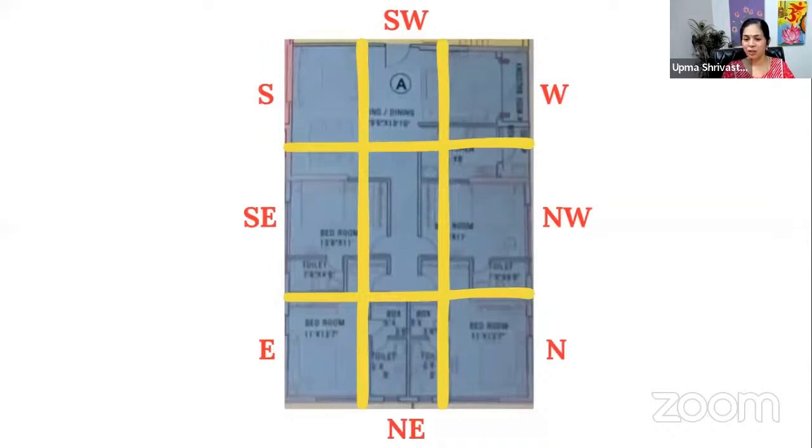If you are where the west direction W is written, wherever you sit and face, that is the west zone of the home.